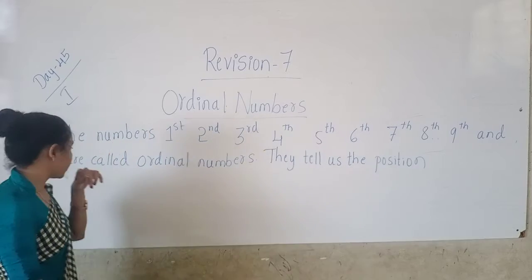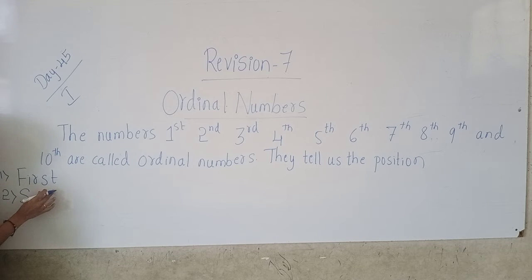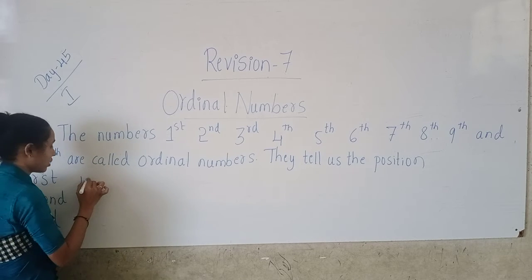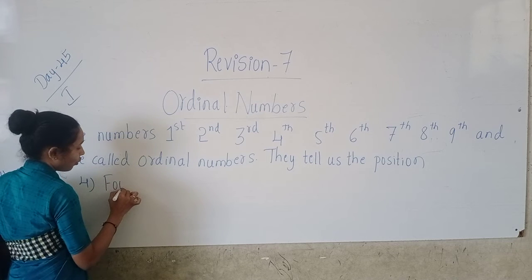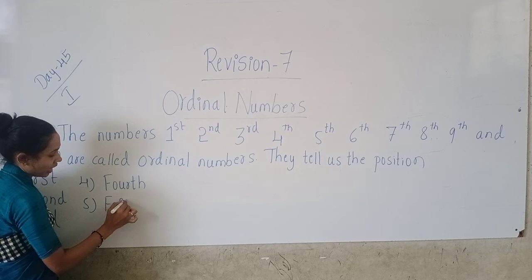Okay children, in numbers we should write like this. In spellings we should write like this: FIRST, first. In words we should write the spelling of the first in words. Second, SECOND, second. THIRD, third. FOURTH, fourth. FIFTH, fifth.